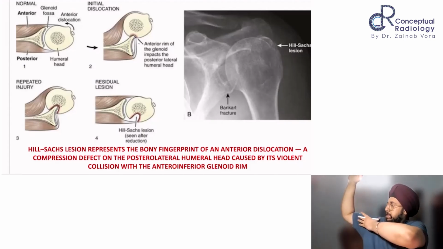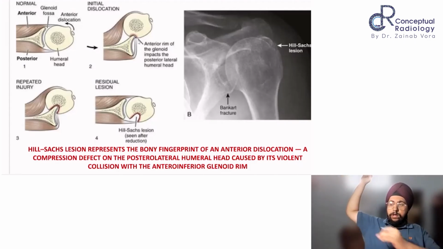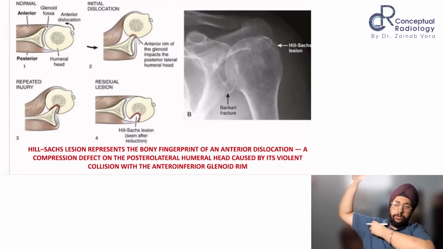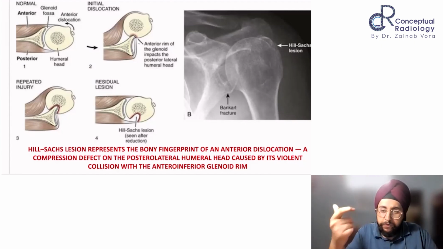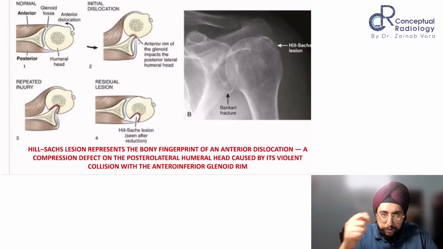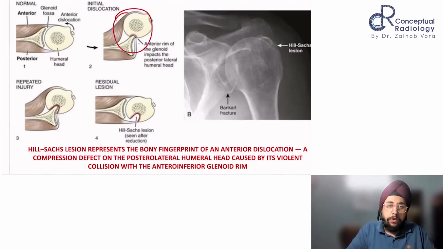Now, what happens is this humeral head will dislocate anteriorly, suppose you're in the gym doing the extreme exercise like this. Because of the excessive weight, the humeral head slips out of the socket and you undergo the first episode of anterior dislocation. Now because of this first episode, the anterior rim of the glenoid impacts the posterolateral humeral head.